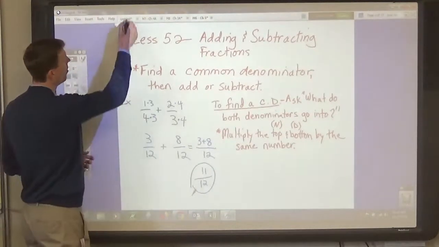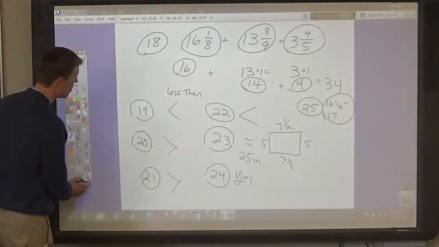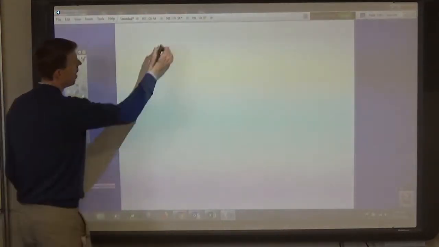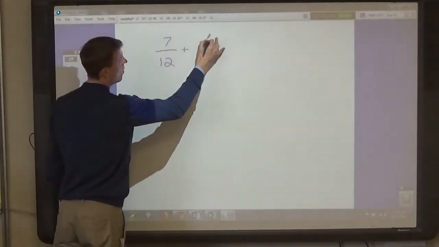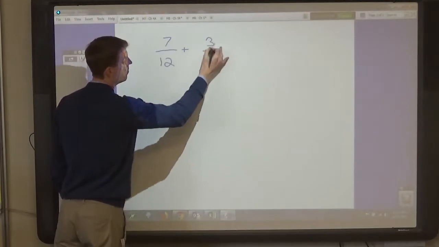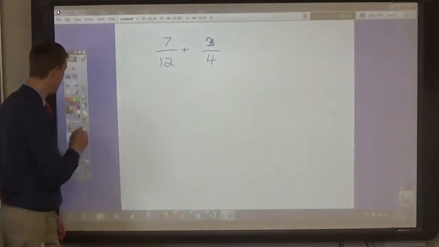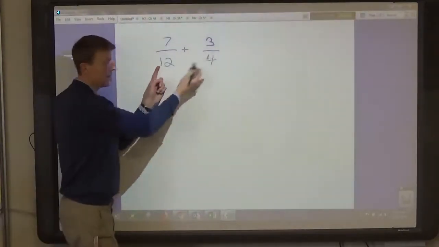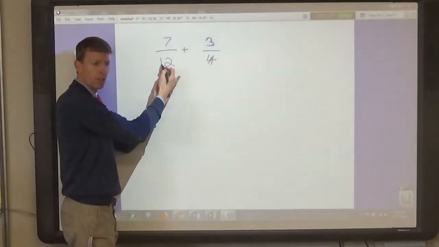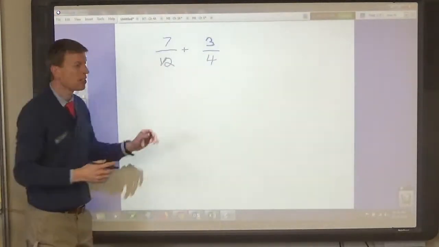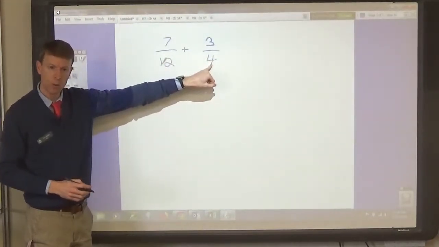For example, let's say that you have 7/12 plus 3/4. Now, you could multiply these together, but 4 goes into 12. So, since both numbers go into 12, we could just convert this one to 12ths.